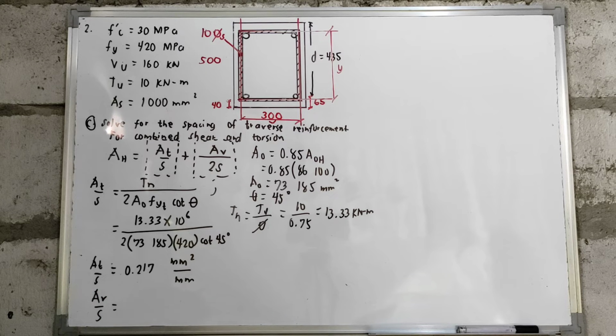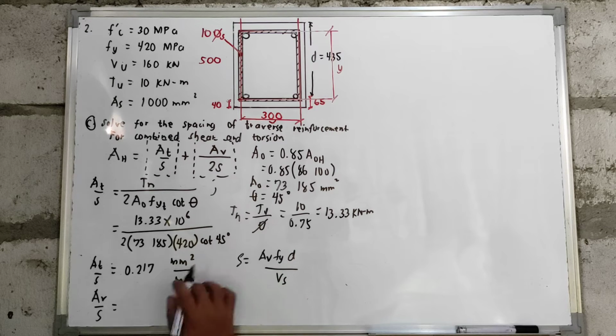So, ang babalikan natin yung mga formulas natin dun sa shear in beams, di ba? That is S is equal to AV Fy D over Vs. So, dito ayusin lang natin. So, mangyayari, palitan lang natin yon. We have Vs over Fy D. Okay.